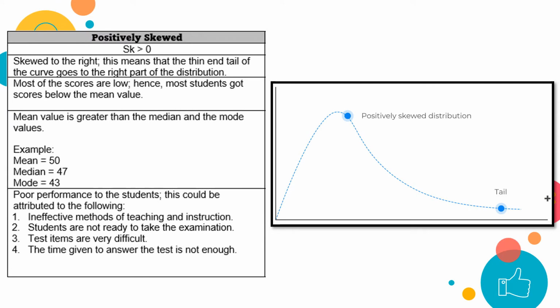The first one is the positively skewed. According to here, your SK, or the skewness coefficient, is greater than 0.